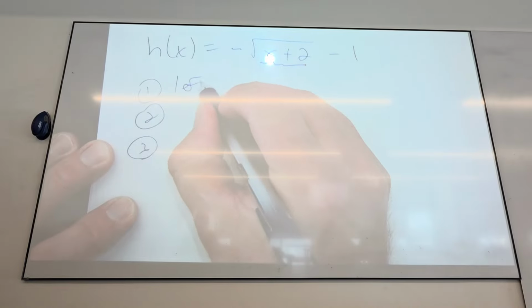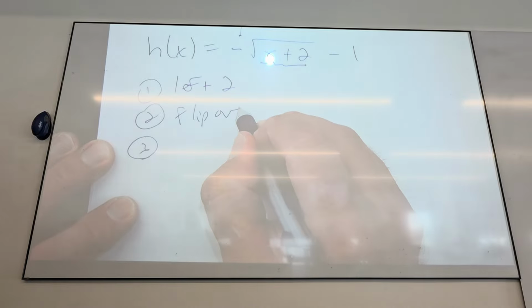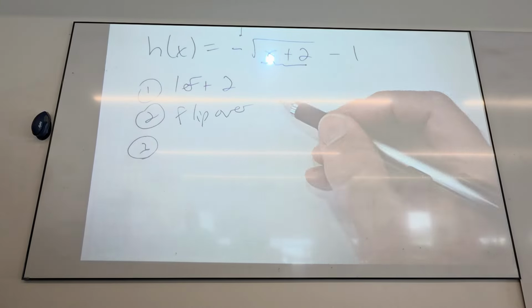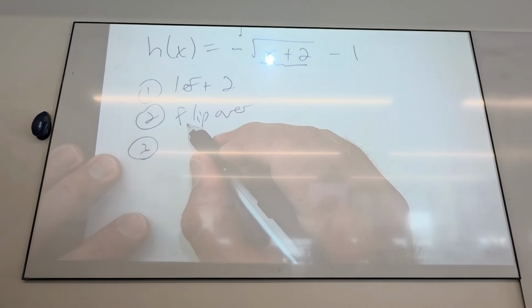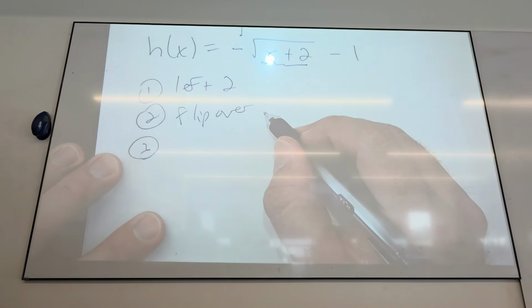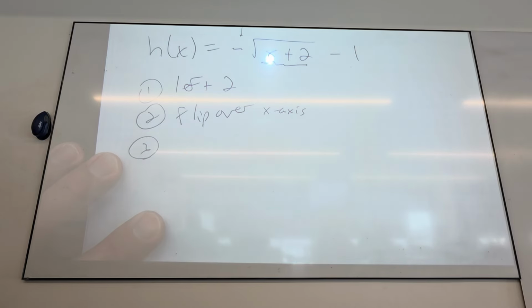Left 2. Flip over the graph's x-axis, up and down. Good. You can even say up and down flip if you want. It's outside, so it's going to be up and down. So this is flip over the x-axis. Down 1.